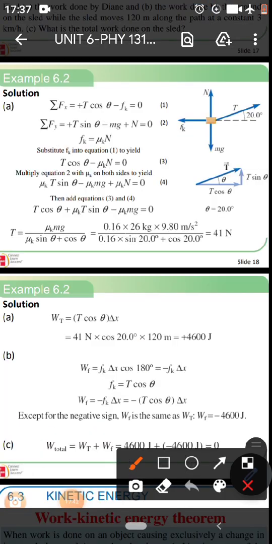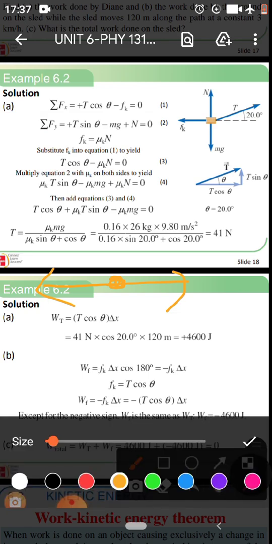So the work done due to the tension from Diane and by the ground gives a total work of 0, and this also explains why the sledge is not accelerating but moving at a constant velocity. I think this is what I wanted to add.